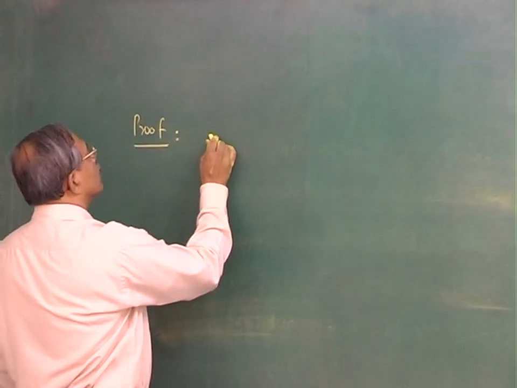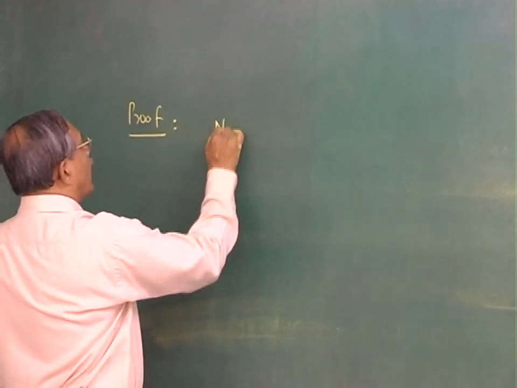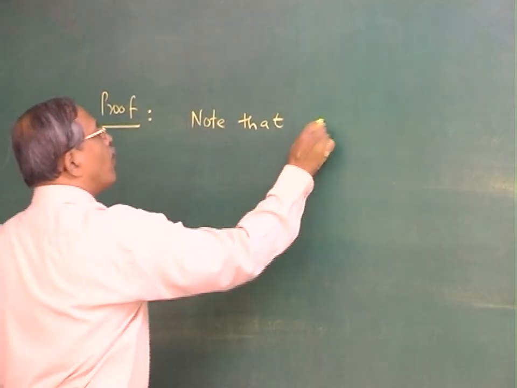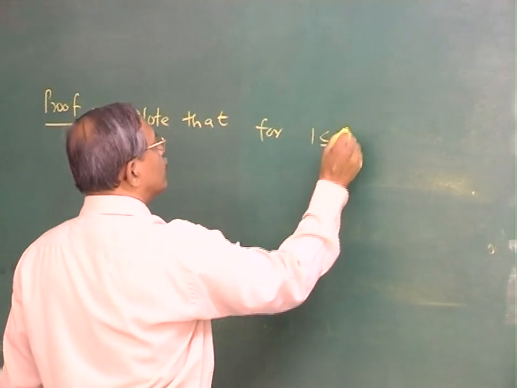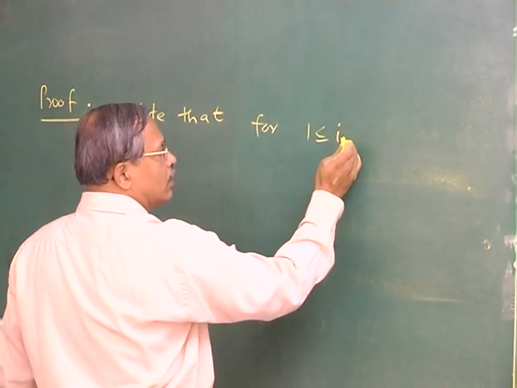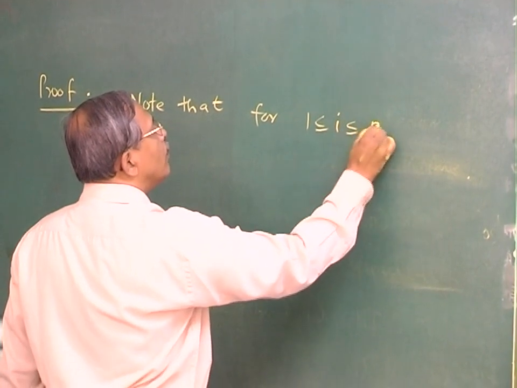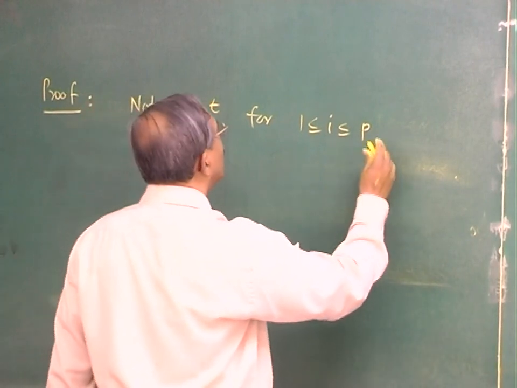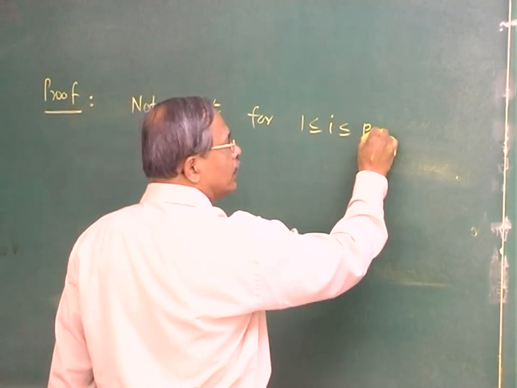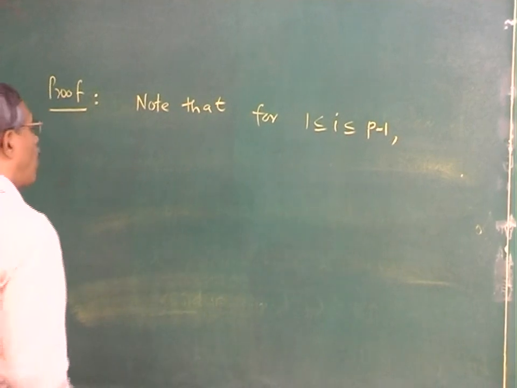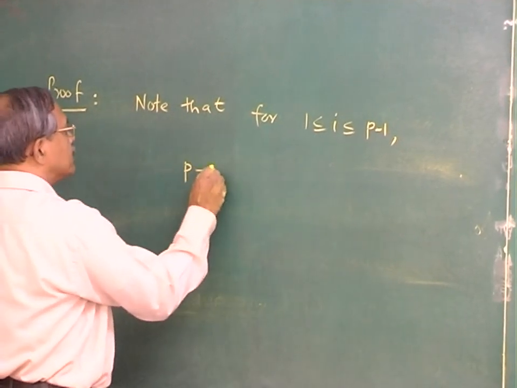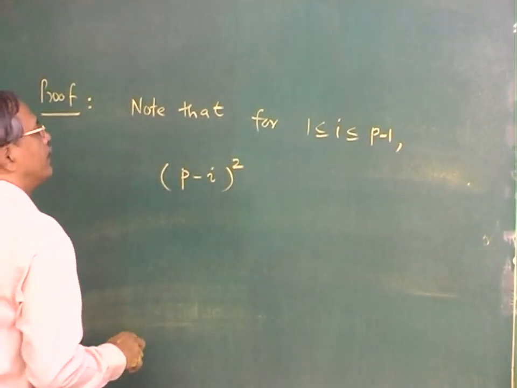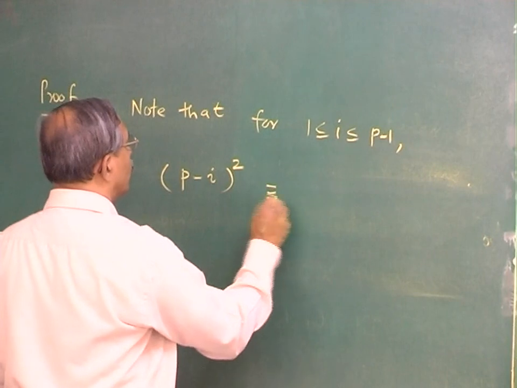So note that for i between 1 and p minus 1, p minus i square is congruent to i square.